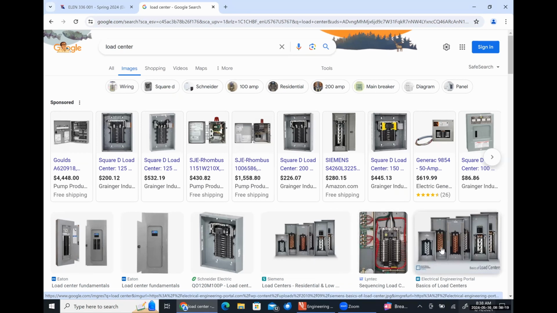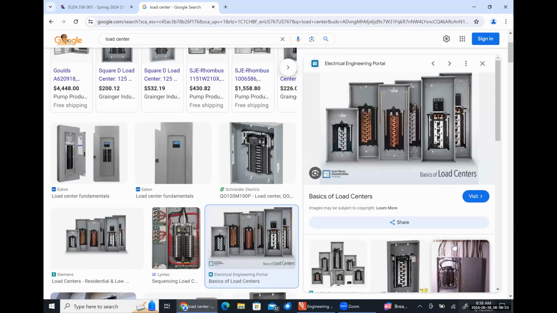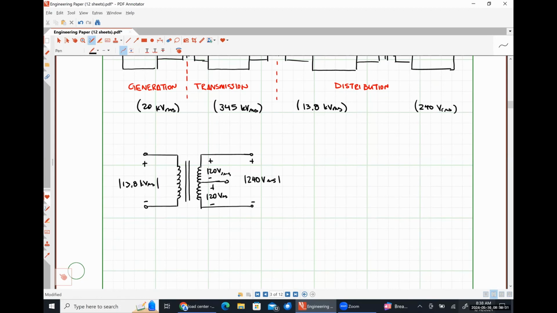Yeah, so the neutral bus is effectively this guy right here, and then we have a hot on either side that's giving us the 240. And if we measure from hot to hot, we get the 240.